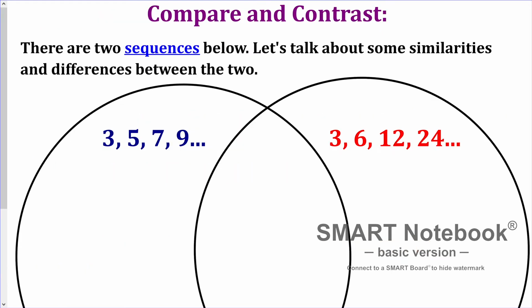Moving on. Let's compare and contrast these two sequences below, some similarities and differences between them. Obviously, I'm doing this by myself. So one thing I see that's in common is that they both start with 3, and they're increasing, and they're positive.